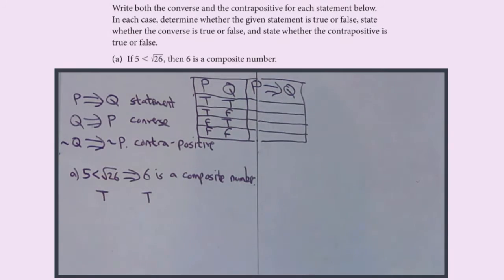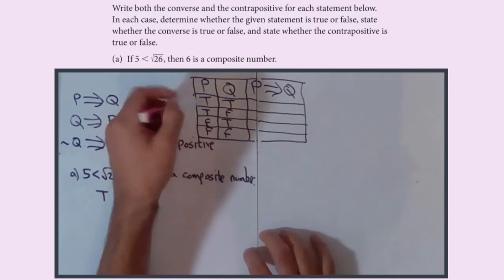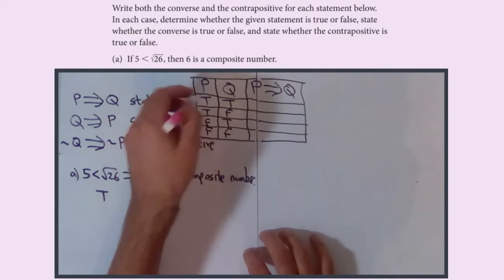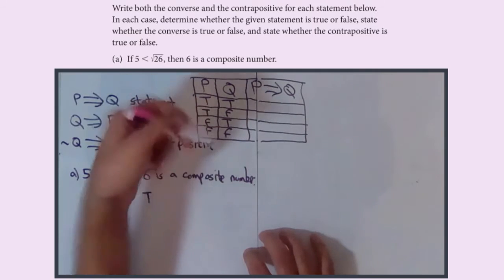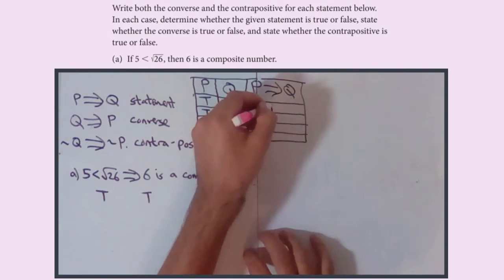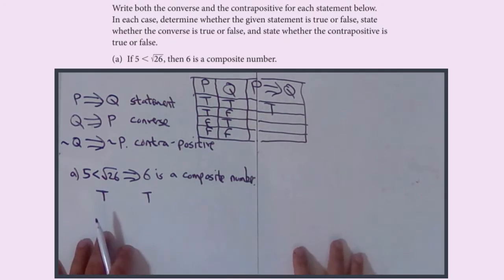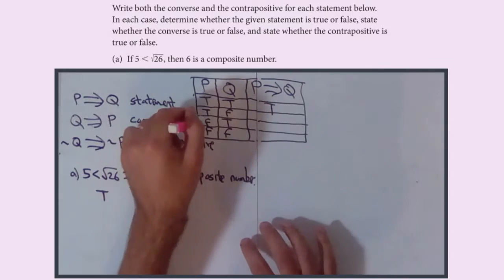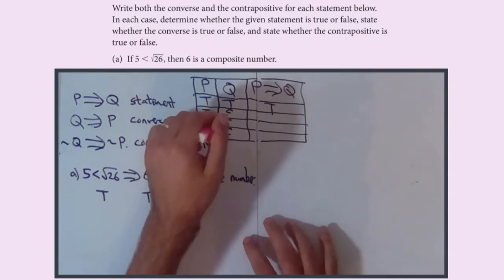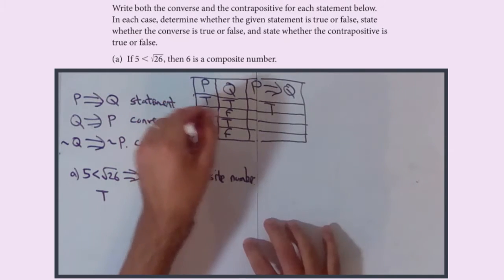So what I mean is, if P is true and then Q is true, then P implies Q could be true because P happened, and P was proven to be true, and Q was true. So we've got no reason to think that that can't be true. If, however, P is true but Q is false, there's no way you can say that P implies Q because P happened but Q didn't.